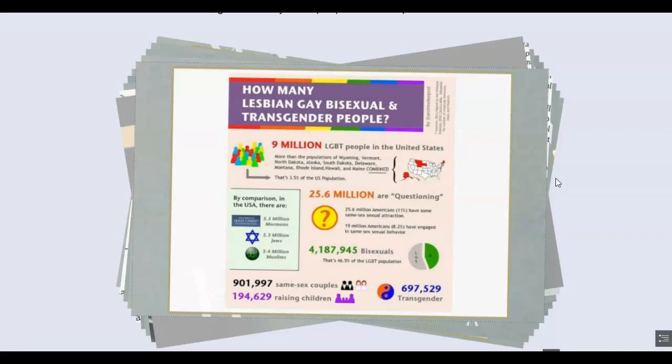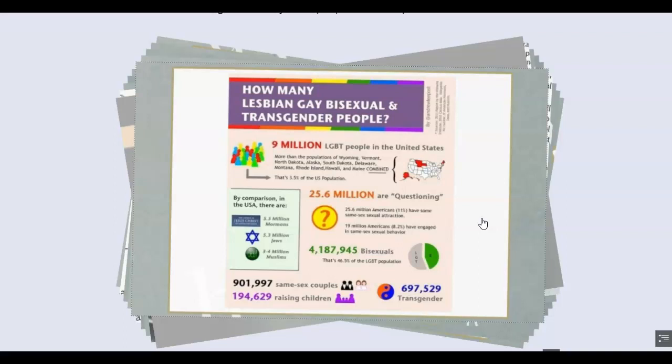That's 3.5% of the U.S. population that is LGBT. 2.56 million are questioning, meaning they are questioning whether they are LGBT or to what degree. 25.6 million Americans, that's 11%, have some same-sex sexual attraction. 19 million Americans, which is 8.2%, have engaged in same-sex sexual behavior. 4,187,945 are bisexuals, and that's 46.5% of the LGBT population.